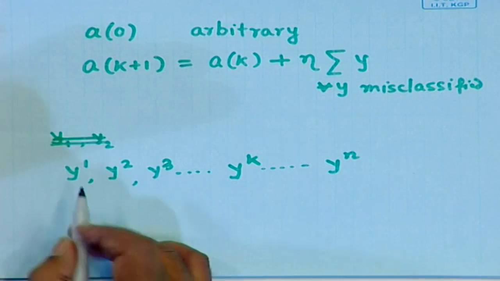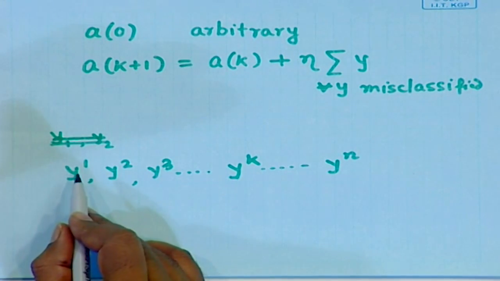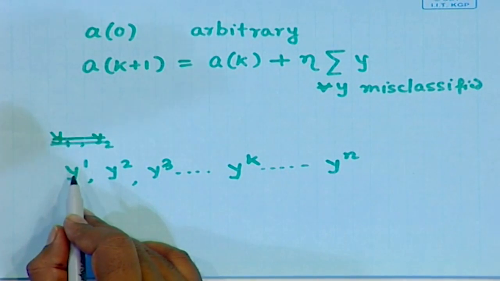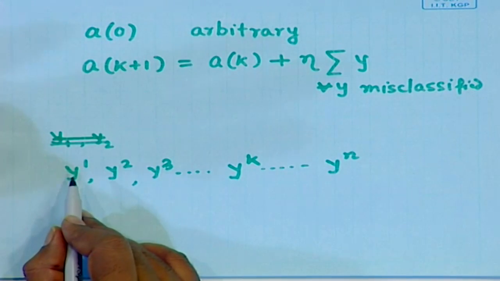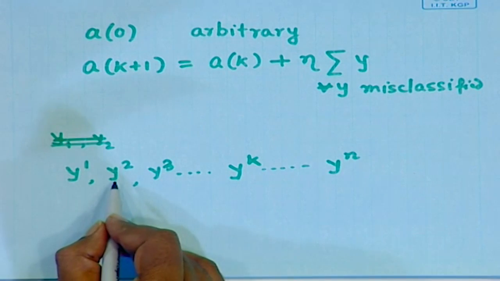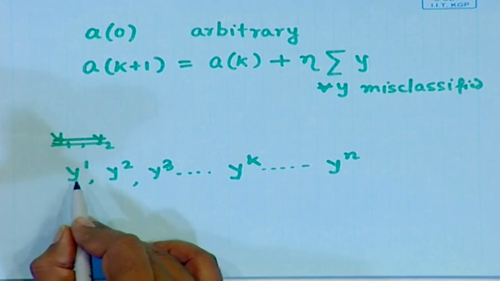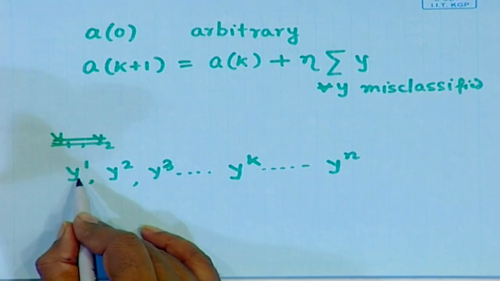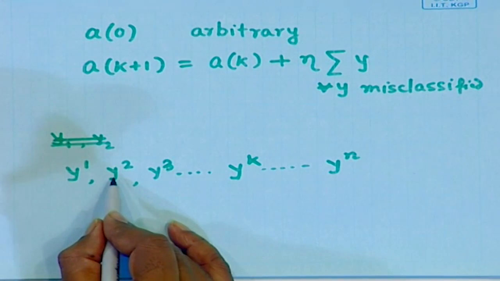So, what I will do is, I will start with a particular weight vector, that is the initial weight vector, and test Y1, whether A transpose Y1 is greater than 0 or not. If I find that A transpose Y1 is greater than 0, I do not update or modify the weight vector A. I simply pass on to the next sample Y2. If I find that A transpose Y2 is also greater than 0, that means the same weight vector properly classifies Y1, and it also properly classifies Y2.